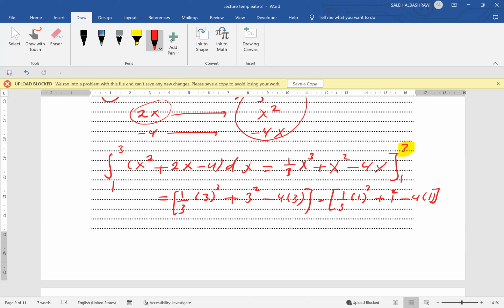Evaluate the function. This will give me 27 over 3 plus 9 minus 12, minus 1/3 plus 1 minus 4.